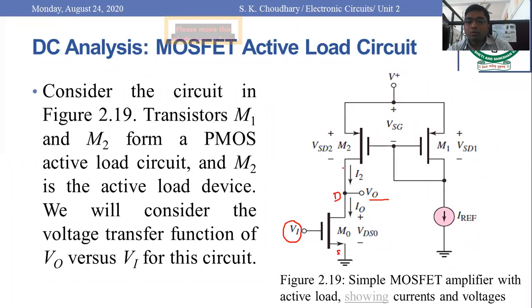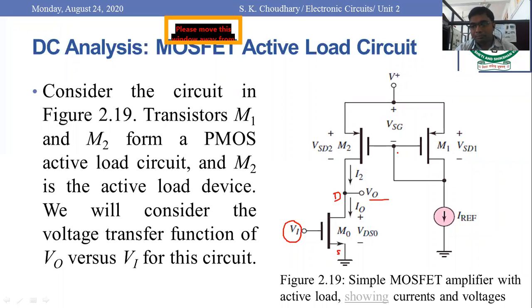Now come to the load part. Here, as an active load we have used a current mirror circuit that is made up of 2 PMOS transistors, M1 and M2.